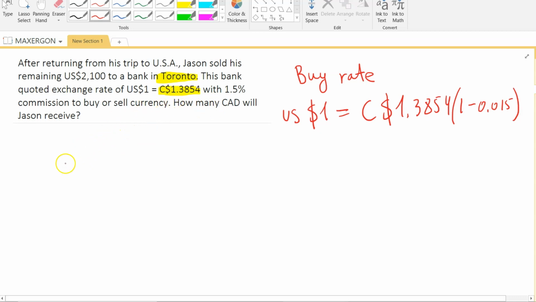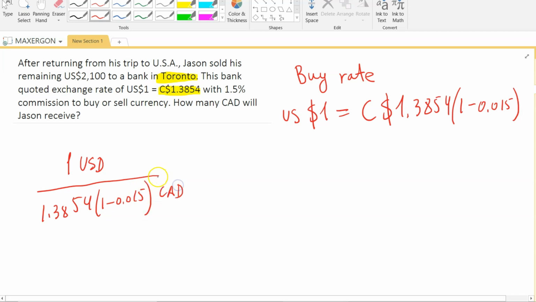So this ratio is built in the following way. 1 USD is to 1.3854, 1 minus 0.015 Canadian dollars. This is the same as 2100 USD that Jason brought to the bank to unknown number of Canadian dollars.